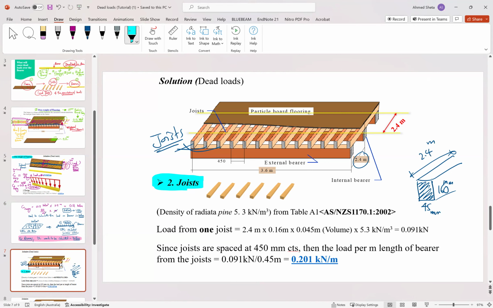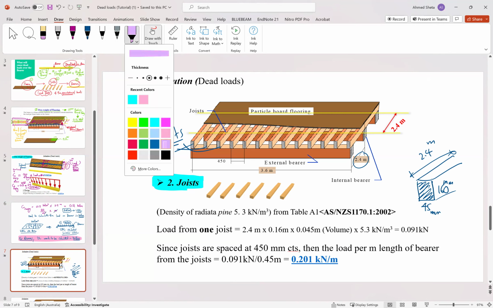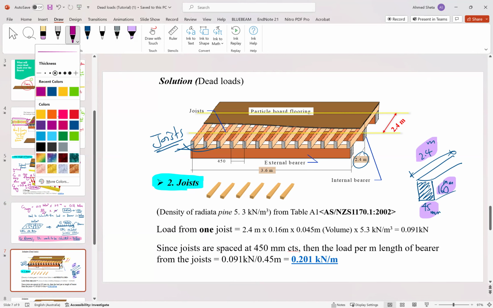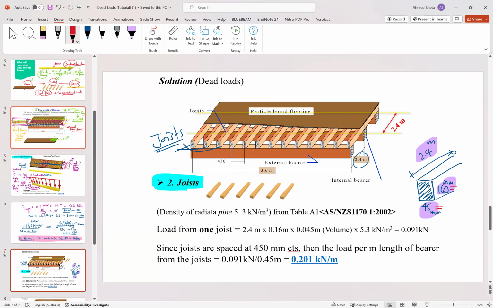So now, as you can see, we have some dimensions of the bearer in meter and some dimensions in millimeter. So we need to convert all the dimensions to be in meter. So from millimeter to meter, you need to divide by 1000.